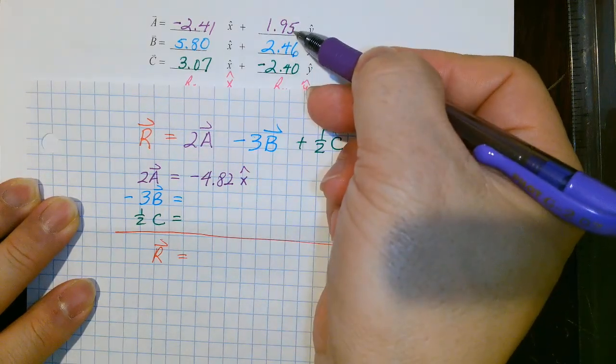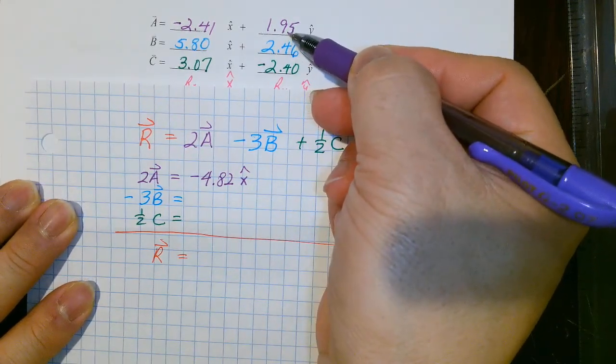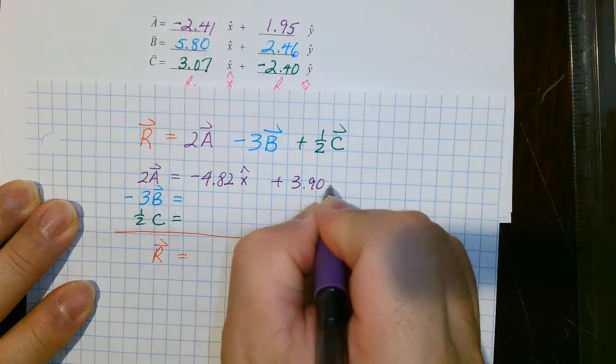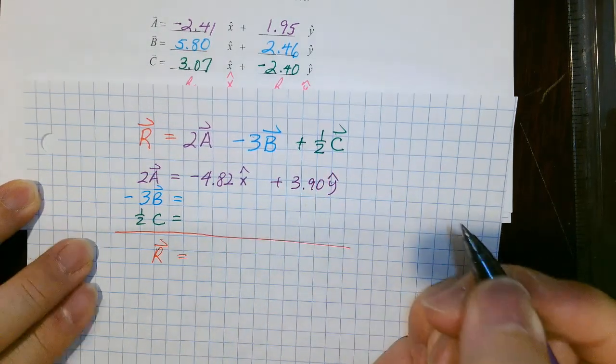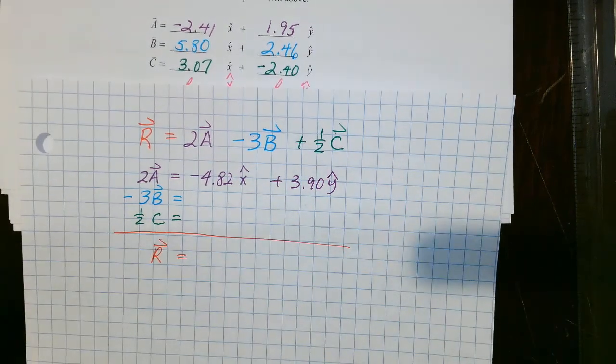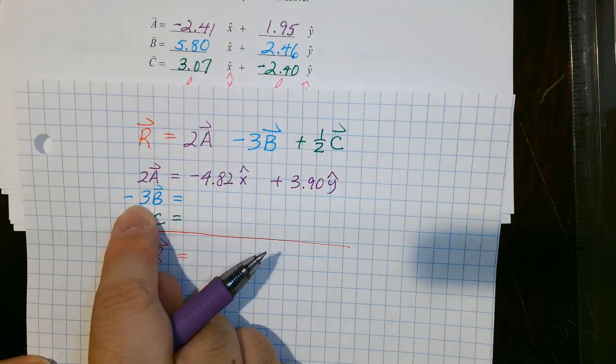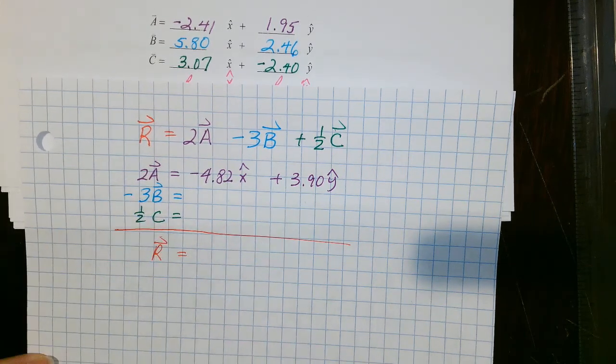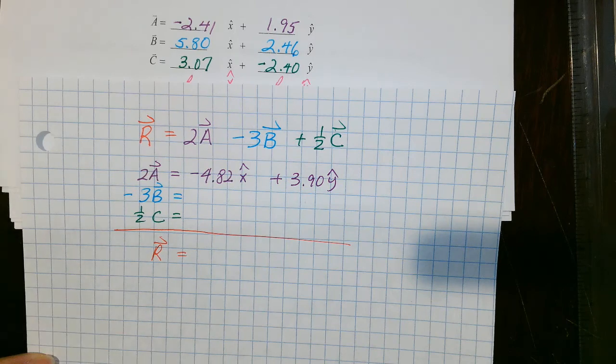And this will be 3.90 y hat. Then you have negative 3B.